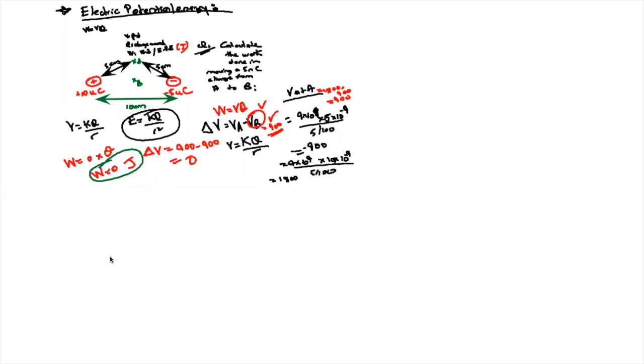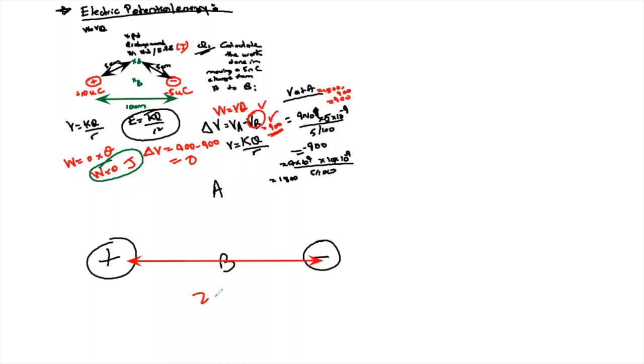So the question I'm gonna give you is this. We have a positive charge here, then we have a negative charge here, and we have a point A, and we have a point B. The distance here is going to be 20 centimeters. This is going to be 5 centimeters. This is 5 centimeters as well.